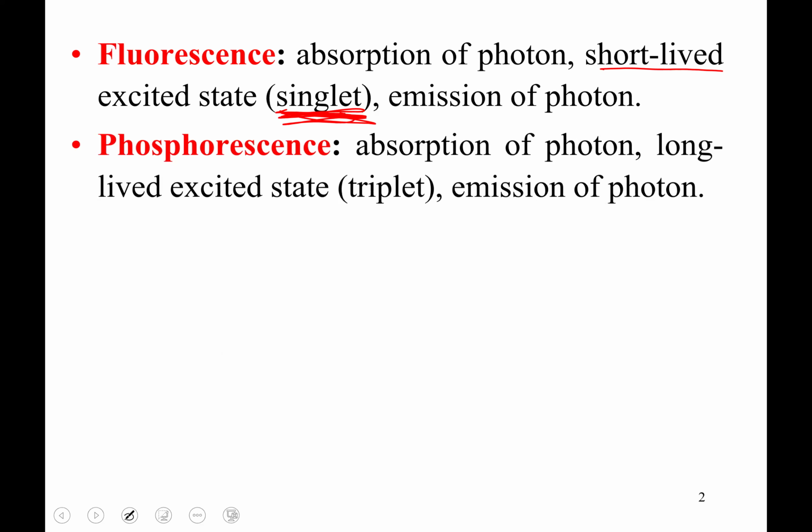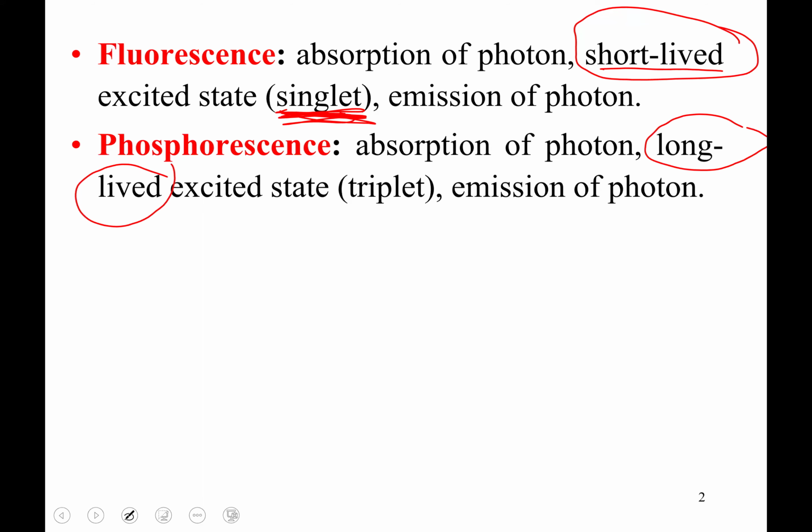On the other hand, phosphorescence. You notice we have said fluorescence is short-lived. Phosphorescence is long-lived, as you know. It comes from a triplet excited state, so it is long-lived. The time scale of phosphorescence is much longer than for fluorescence.